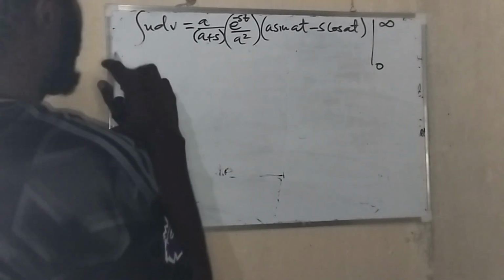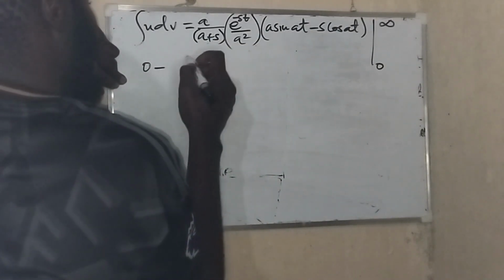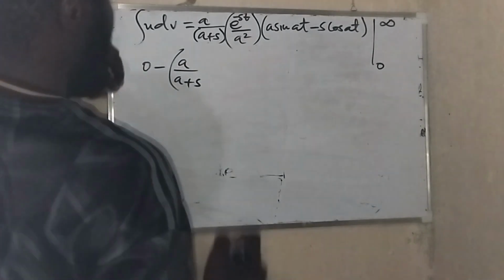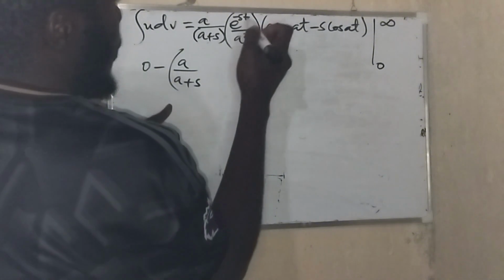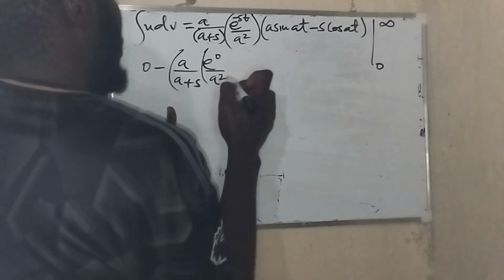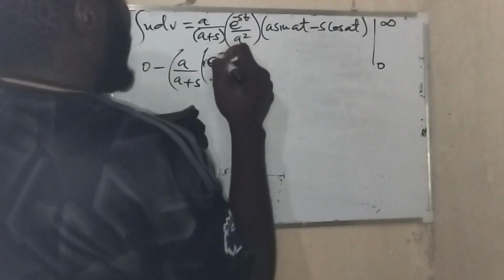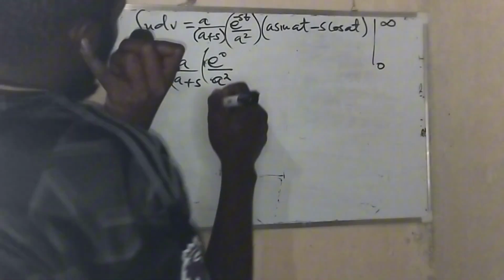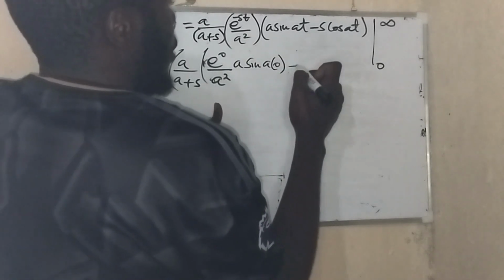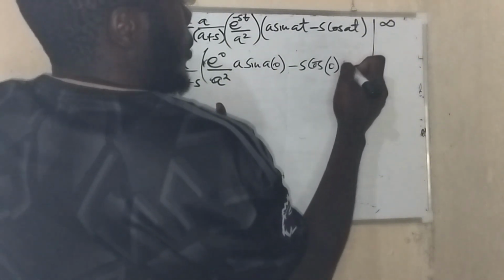If you substitute t from 0 to infinity, we shall have 0 minus a over a plus s, you have exponential 0 over s squared, then we have a sine times 0 minus s cos 0.